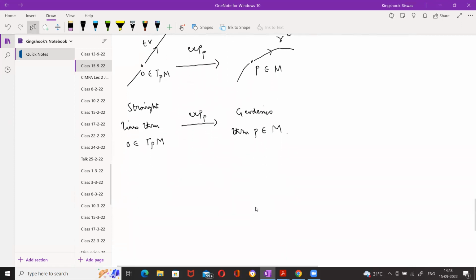Now, the exponential map is defined at least on a ball around the origin, some ball, let me call it B_0(delta) in T_P M, to M. And it's a smooth map by smooth dependence of ODEs on initial conditions.